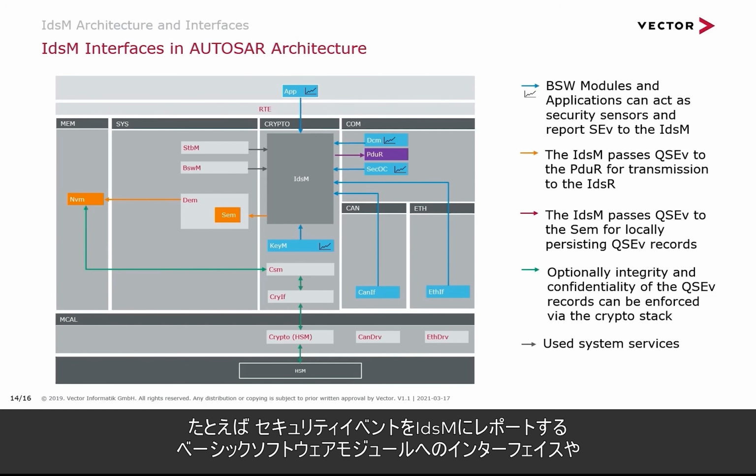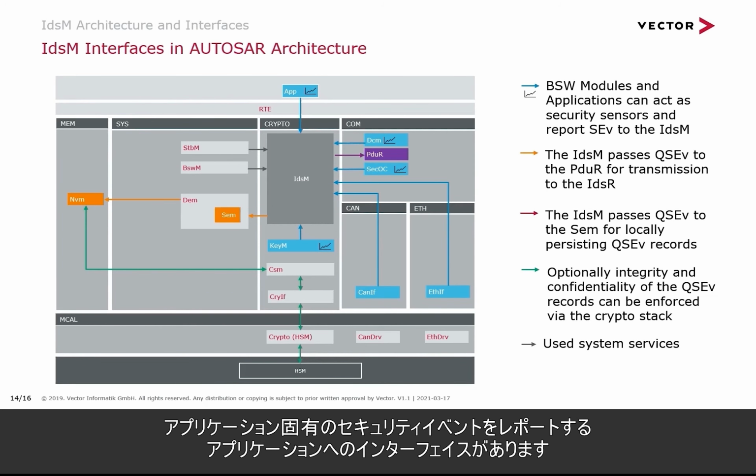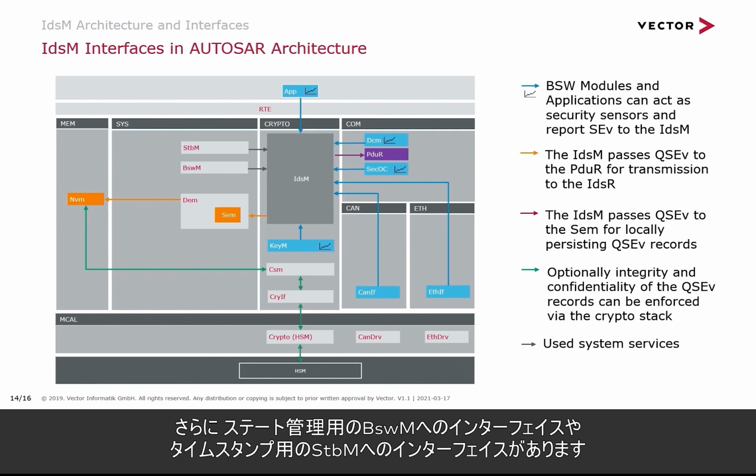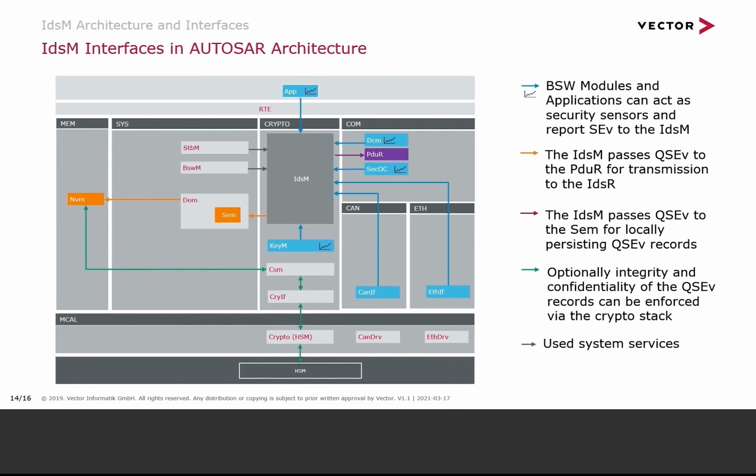For example, to the basic software modules, which are reporting security events to the IdsM, but also to applications which report application-specific security events. Furthermore, it has interfaces to the BSWM for state management and to the SDBM for timestamps.